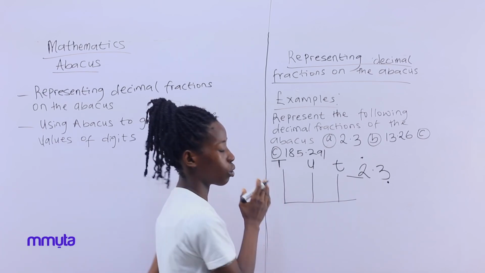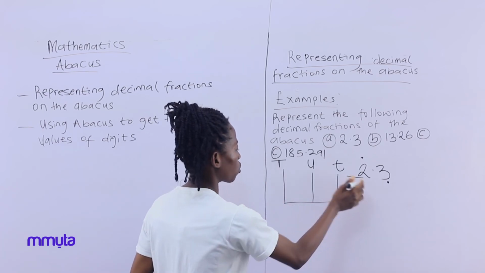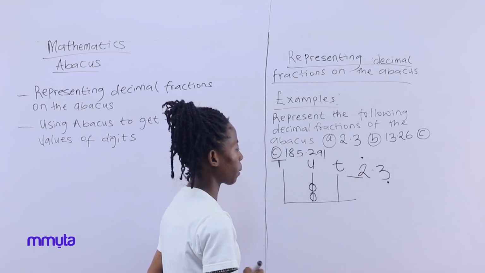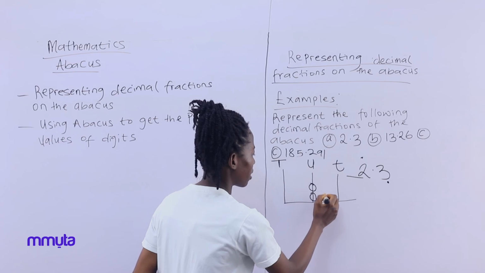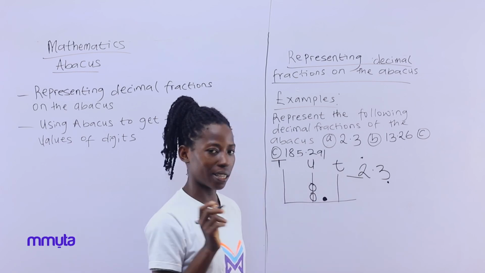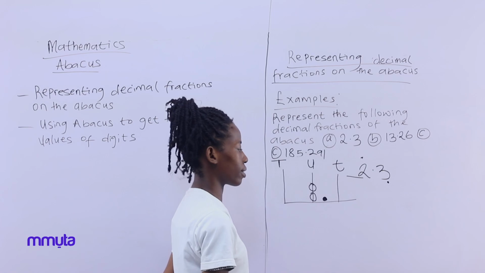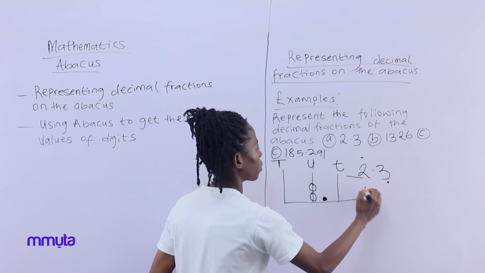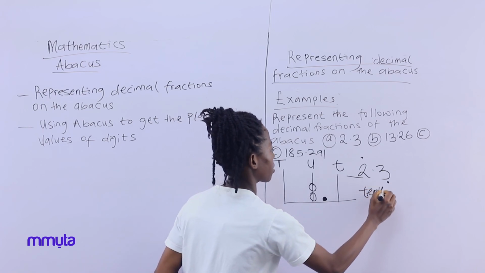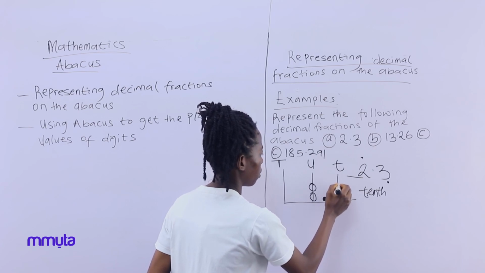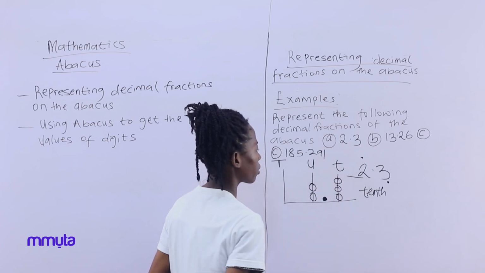So on your tens rod, nothing. For the 2, you count your 2 beads. And then at the middle, there's a point because it's a decimal fraction. And so this is the tenth, one-tenth. Now this is pronounced tenth. So we have 2 and 3.